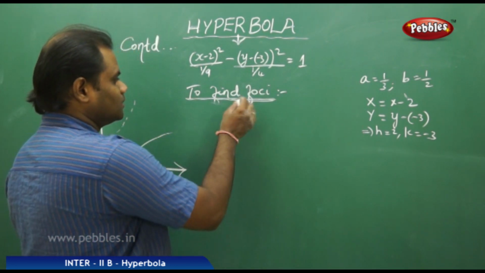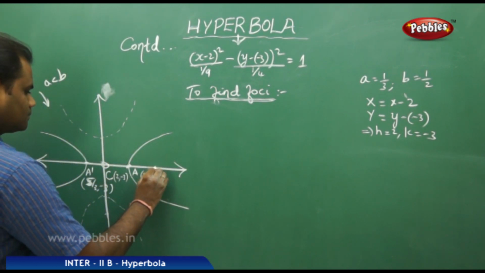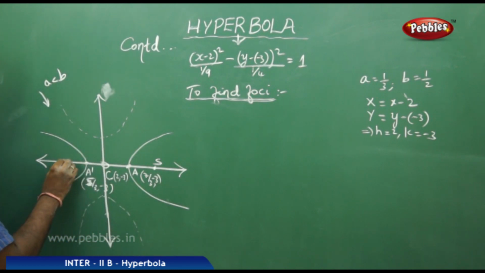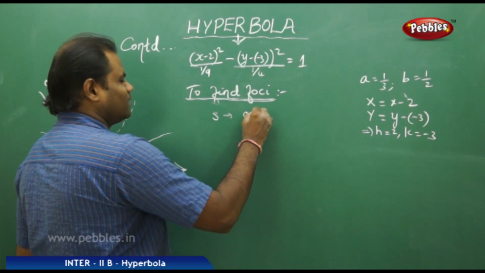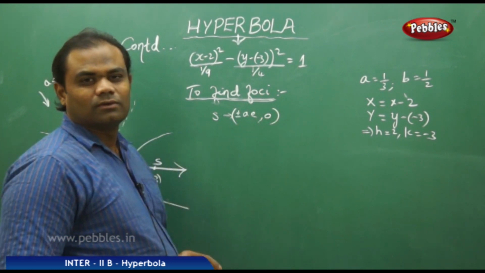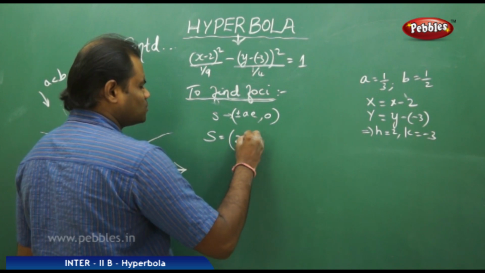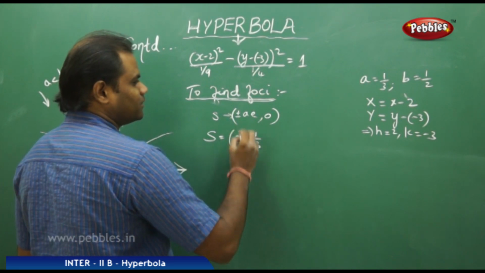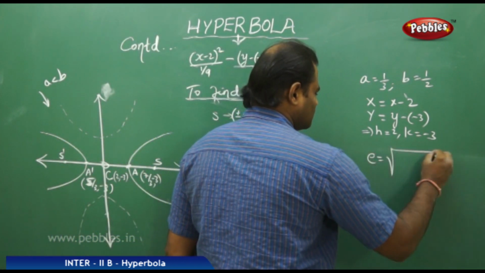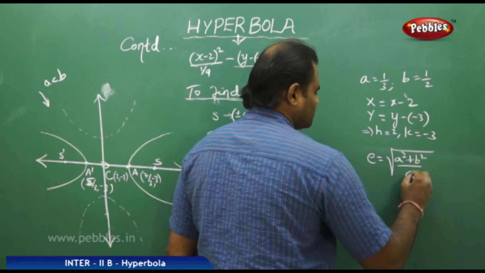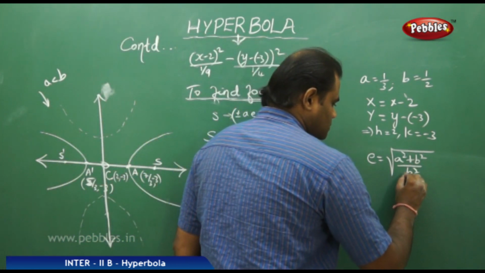Next is to find the foci, that is my S and S dash. Now clearly we know that the foci are given by (ae, 0). Therefore, my x coordinate being x minus 2, I get 2 plus ae, that is 1 by 3 times e, which I am going to find using the formula root of a square plus b square by b square for the eccentricity, because a is less than b.